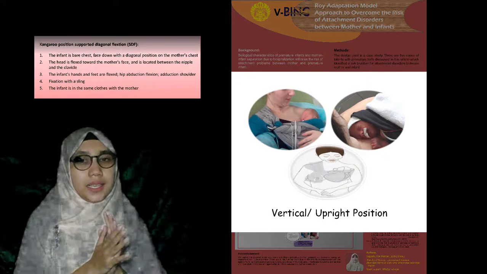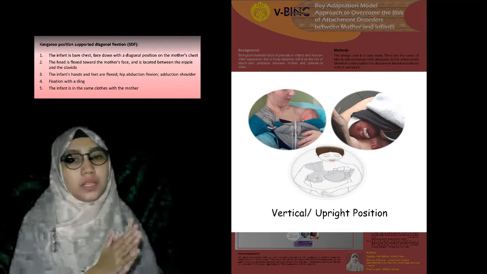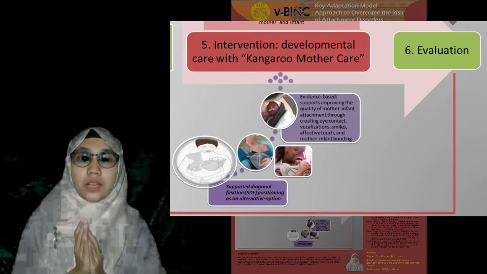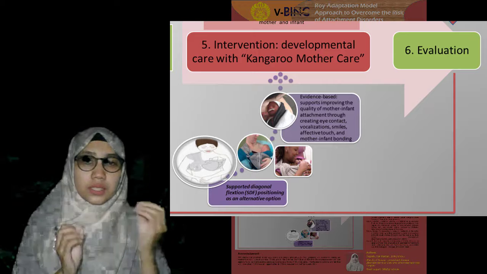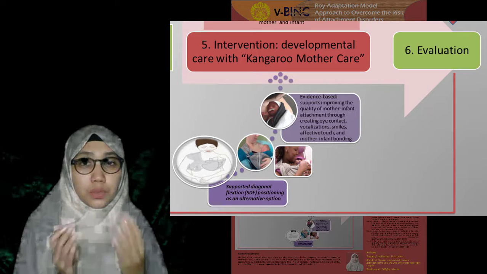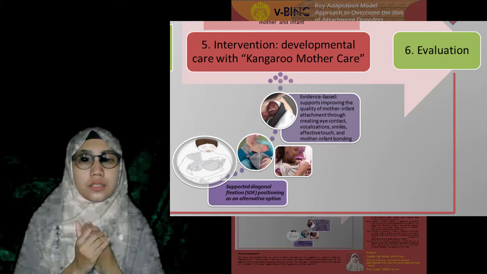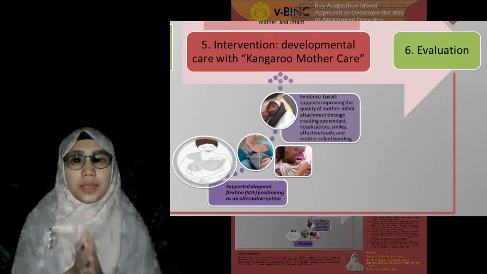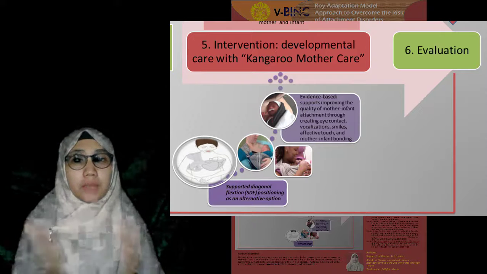Based on available evidence, this position can facilitate the creation of contact and face-to-face contact between mother and premature infant. In addition, the position also supports the creation of vocalization, smiles, affective touch, and increasing bonding between mother and premature infant.